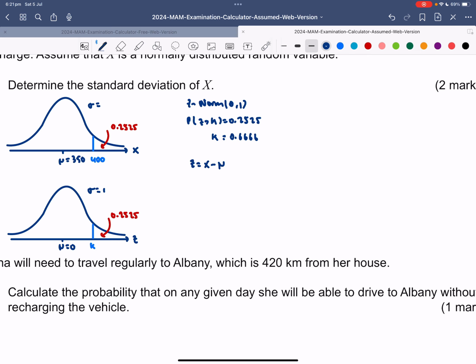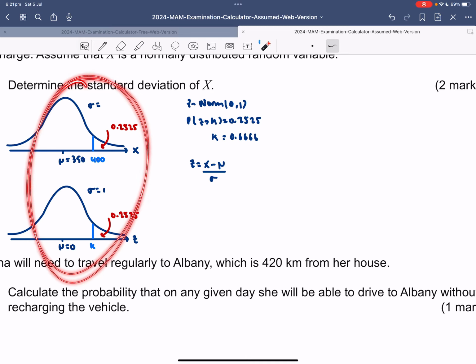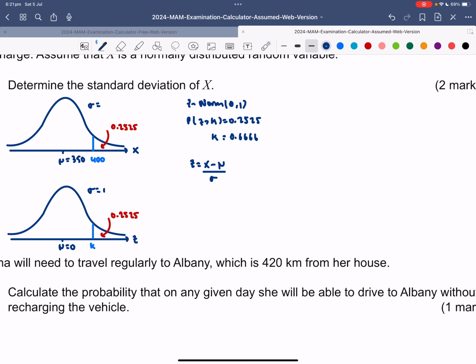And then we know the formula for z-score. Z-score is actual score, take mean, divide by standard deviation. Remember, the picture is no marks. This is what the marks were for. So the z-score is 0.6666. The actual score was 400. Remember, k was the z-score. 400 was the corresponding actual score.